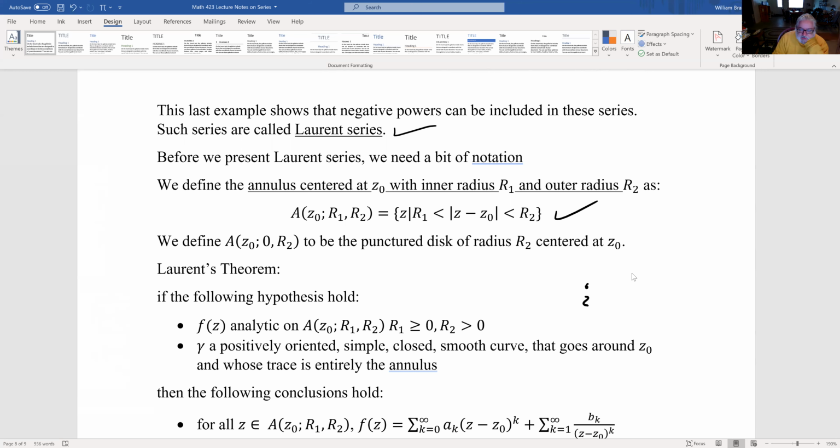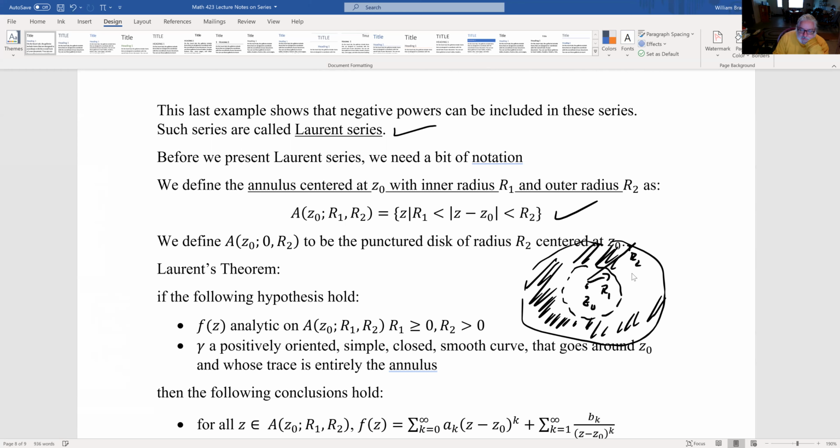What that means is I've got z0, I've got an inner radius r1, and I've got an outer radius r2, and the annulus is the space in between, right? And if we let the inner radius go down to 0, then we're just looking at the punctured disk of radius r2, so that's the disk of radius r2, but without the center of it.